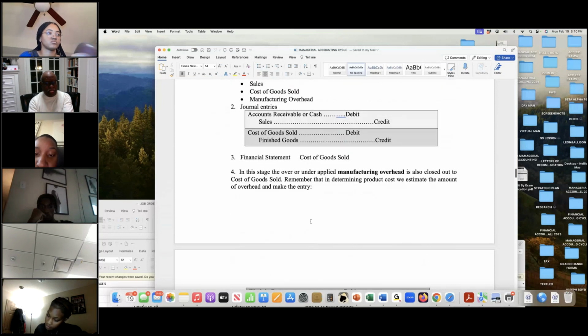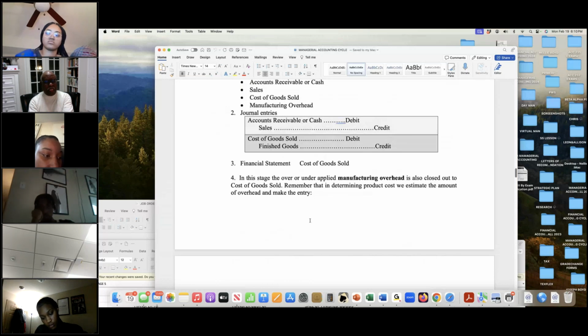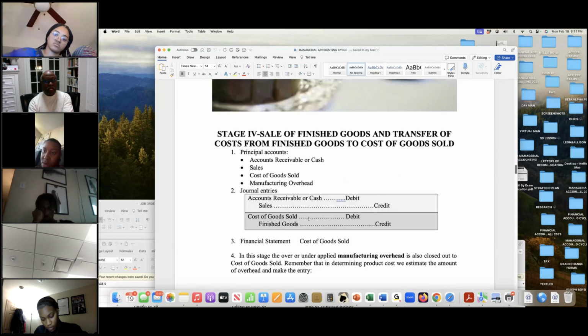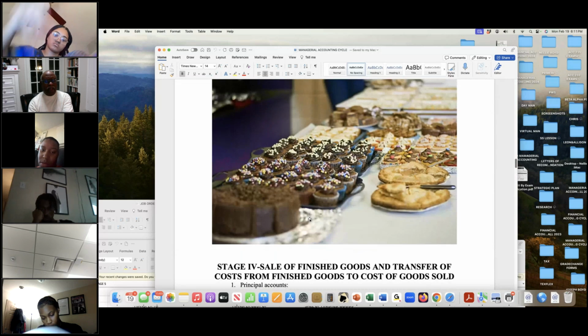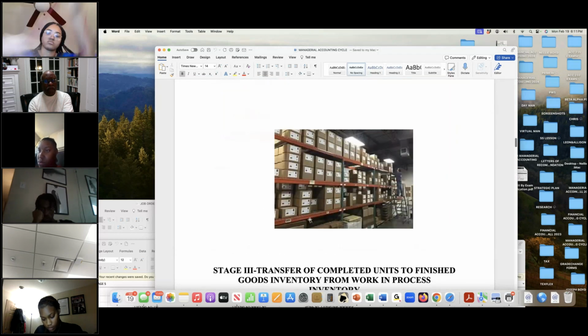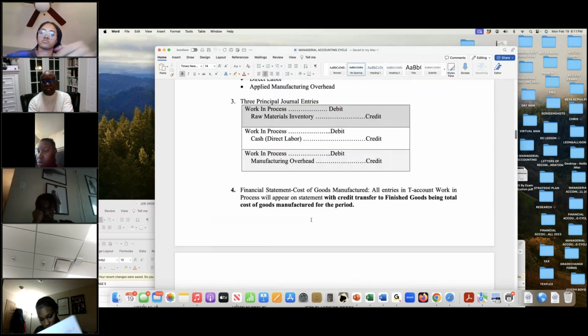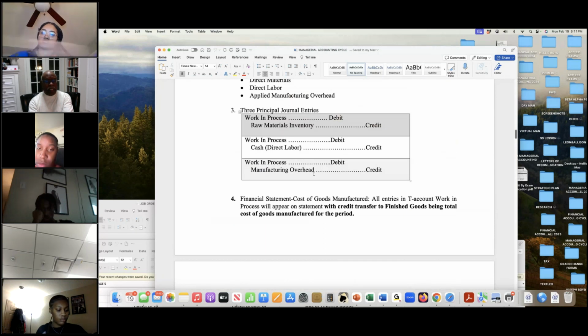We'll do some other things, but these are the key entries that I want to focus on, though we will in this stage also work with manufacturing overhead, because when we initially record the manufacturing overhead, this is an estimate based on that POR you will learn to calculate.